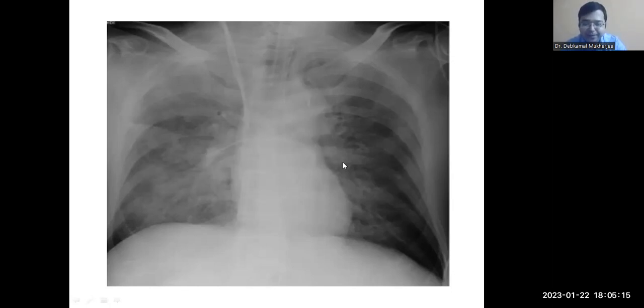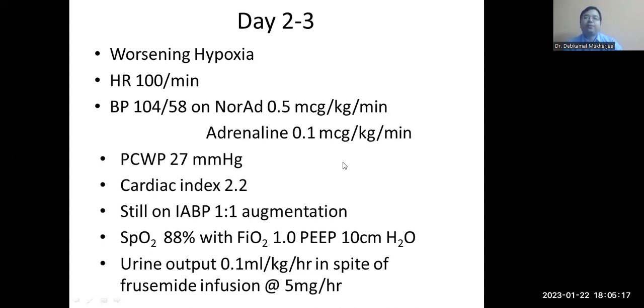Okay. Carry on. So coming to our case, on day 2, this patient was still on ventilator. His hypoxia was worsening. His heart rate was 100 per minute. His BP was slowly coming up with noradrenaline and adrenaline support.